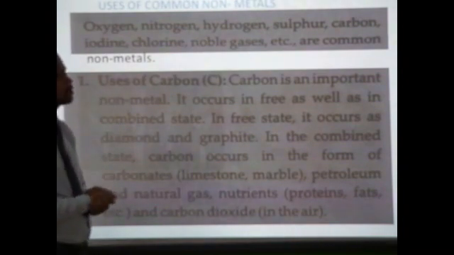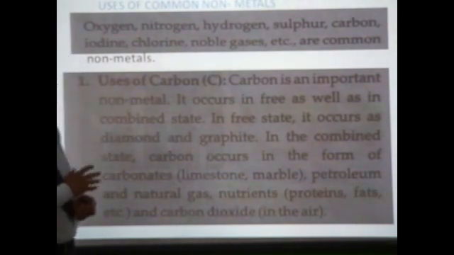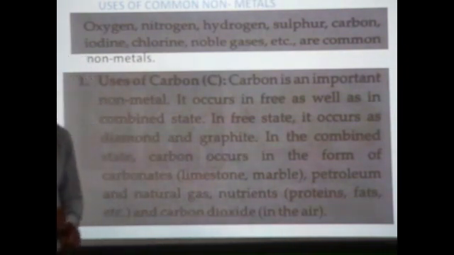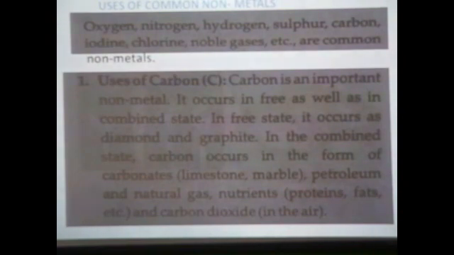Then hydrogen gas, then comes sulfur, then carbon, then iodine, chlorine, noble gases, etc. are common non-metals that we use in our daily life.